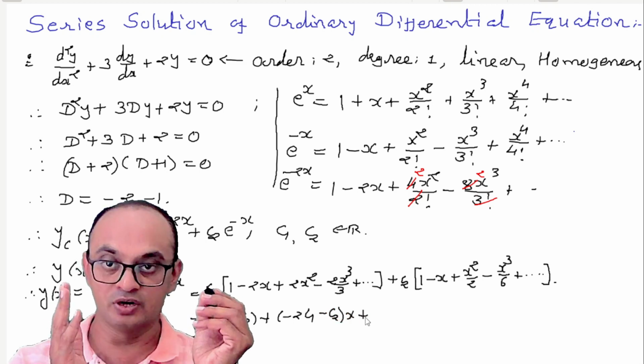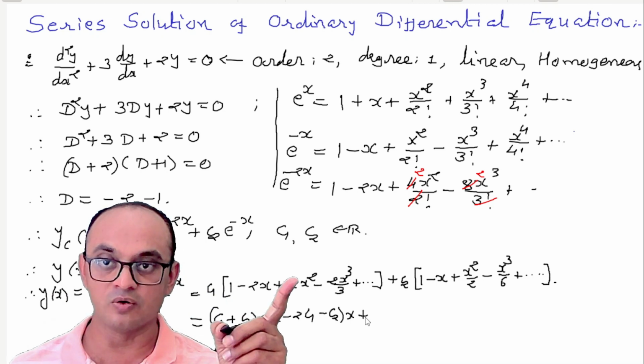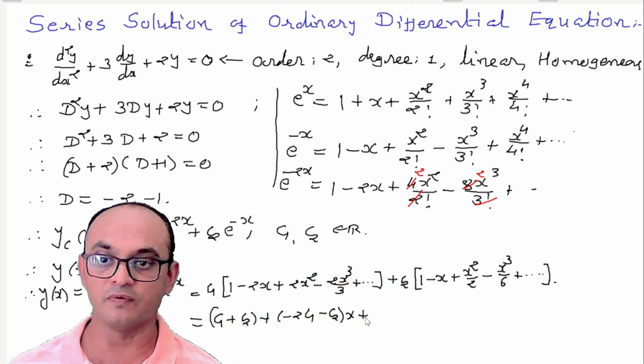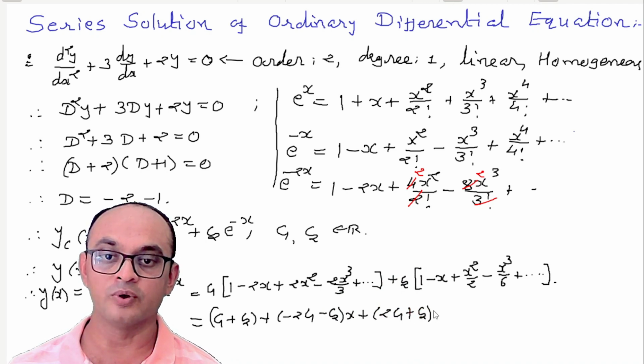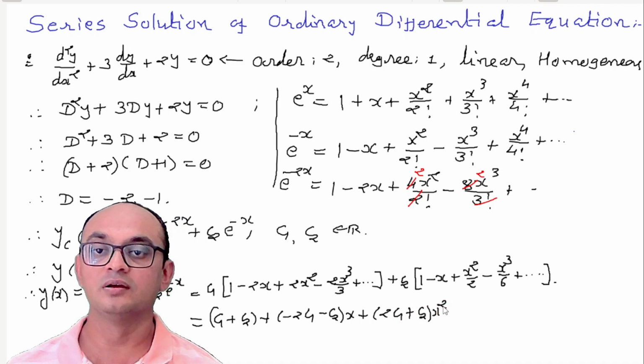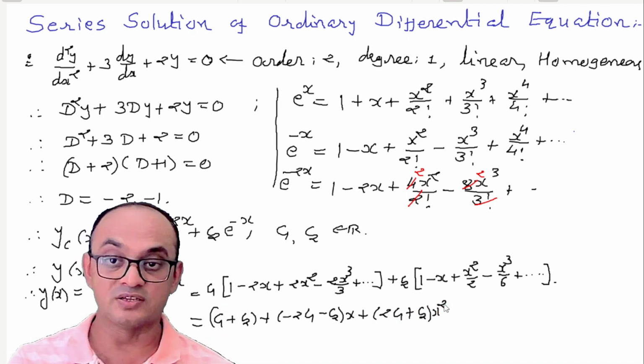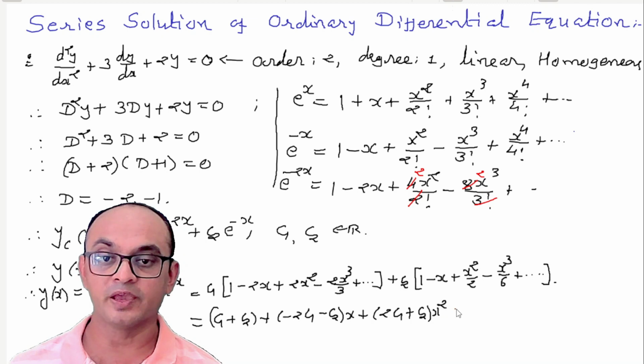Likewise, the coefficient of x square: so here the coefficient of x square and here the coefficient of x square, so it is 2 times c1 plus c2 into x square. Same way the coefficient of x cube, which I am not writing here, and so on.